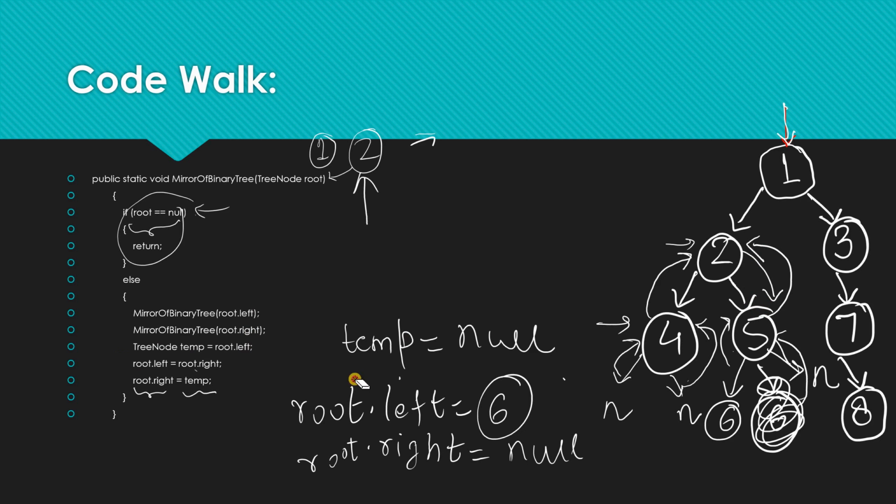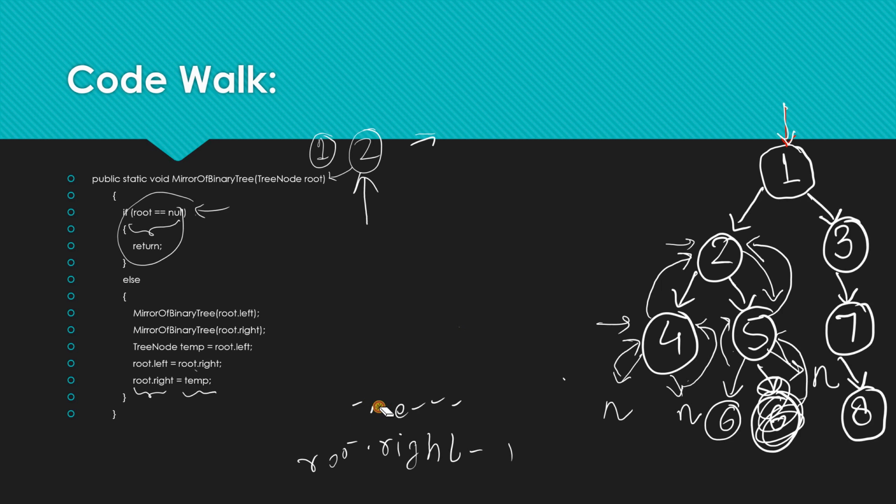So after returning from the right side, what will happen? Again, the same equation will be applied, right? So let's apply it once more so you will understand it better. So now temp will become what? Root's left. So root's left is what? 2's left is 4. So this will be 4. Then root left equal to root right. So root left is this, and we are saying root left becomes root right.